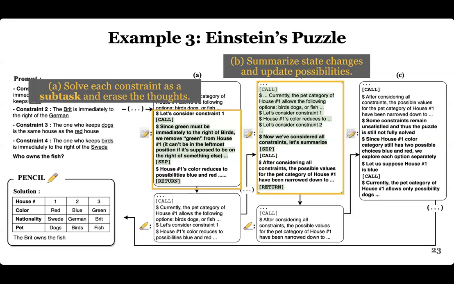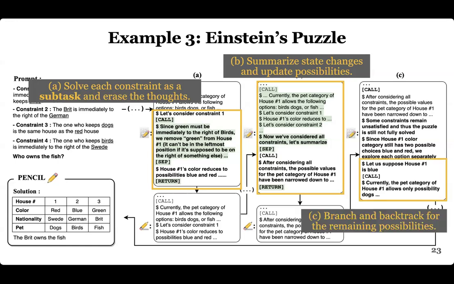When the language model does the reasoning and finds that the first house being red leads to a contradiction, it will use the reduction rule to eliminate all the reasoning process and only keep the answer that house one being red is not possible. It eliminates the entire reasoning tree and tries another possibility, that the color of house one is blue. So that is how PENCIL can solve Einstein's puzzle.